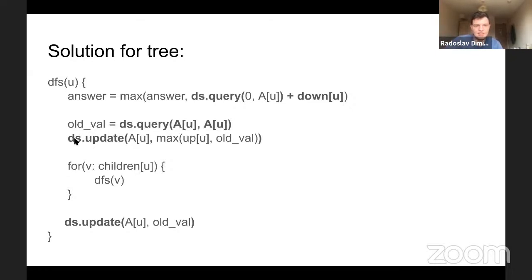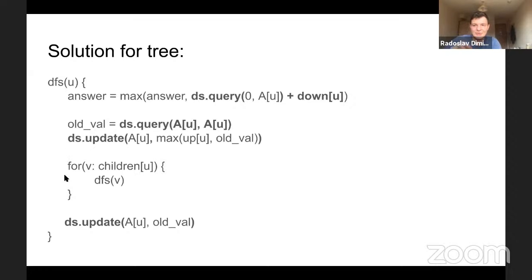Then we update au with a new value, which is the maximum of up of this position and, as in the previous case, the old value, because it may turn out that the old value was better than the current up. In that case, we don't really do the update. And then we simply go for all children and run a DFS for each of them.